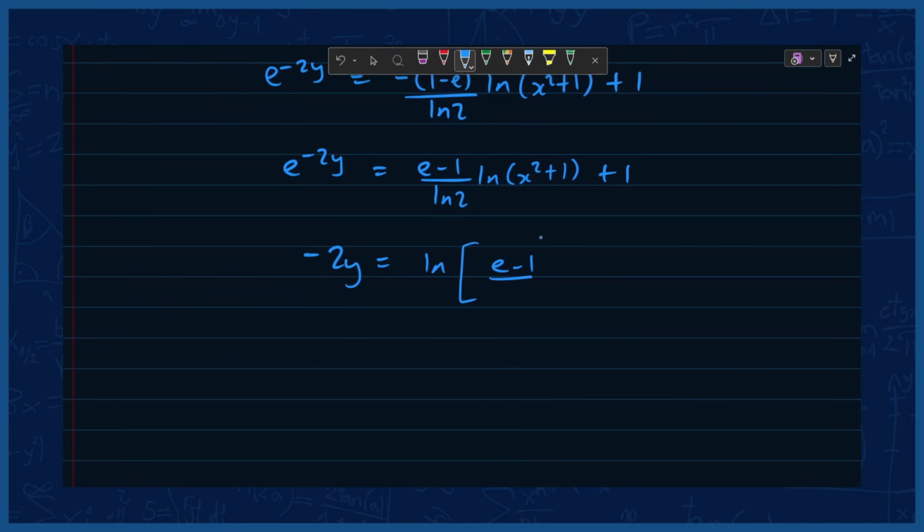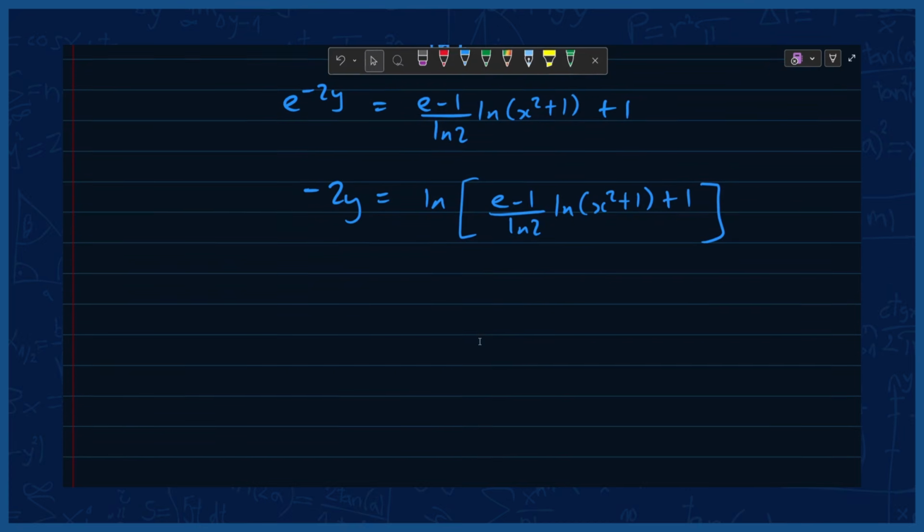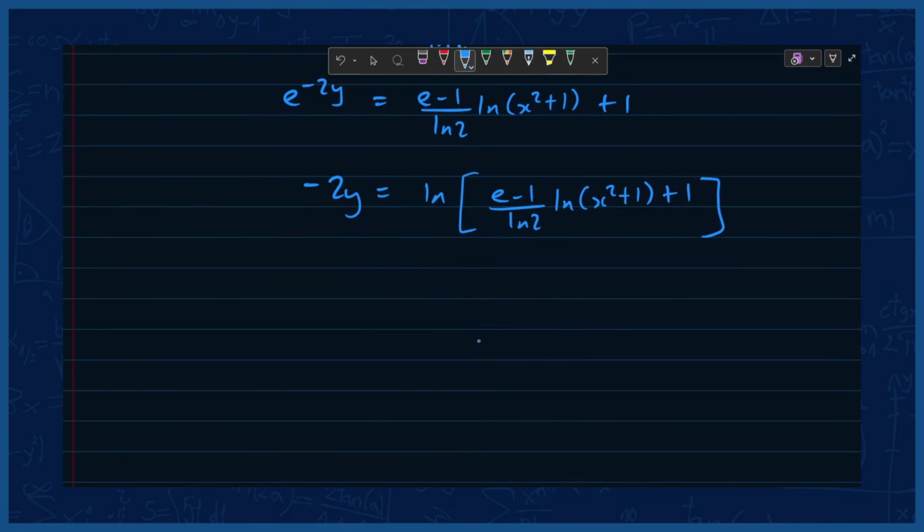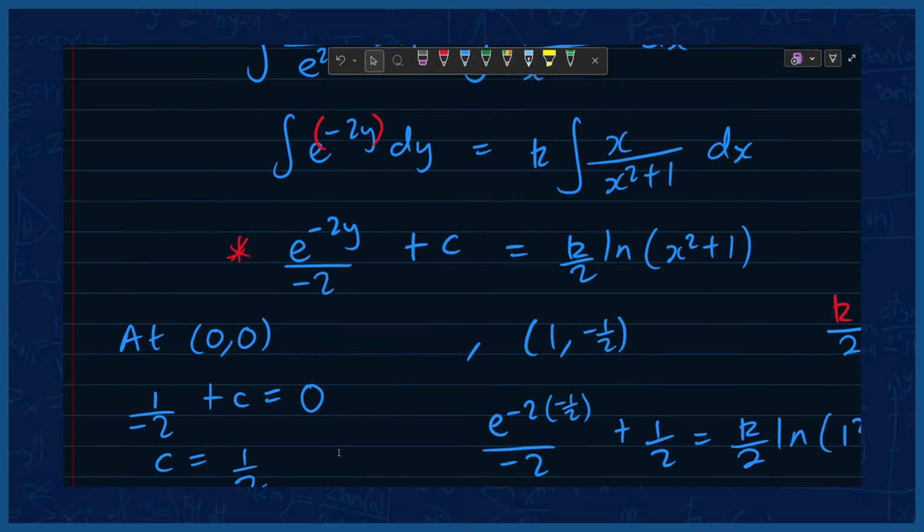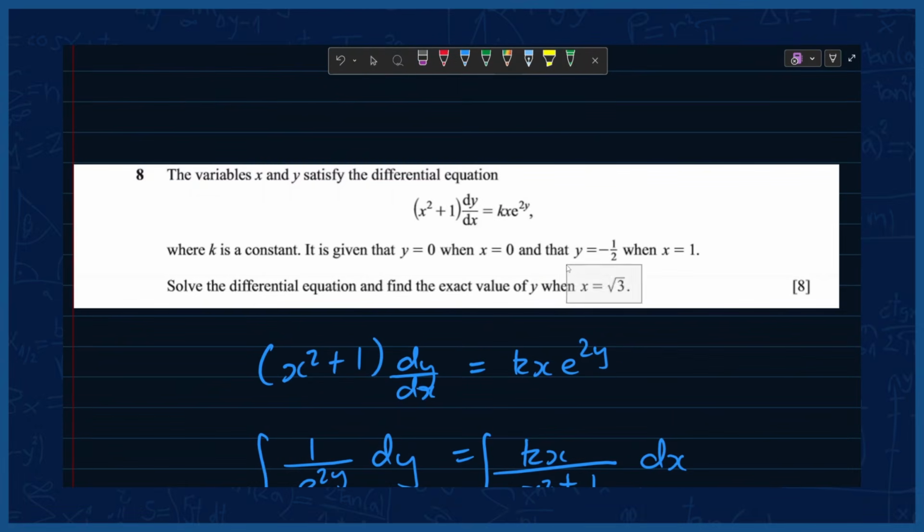So e minus 1 over ln 2 times ln of x squared plus 1, plus 1, and multiply both sides by negative a half to get rid of this negative 2. So I get y is negative a half ln of e minus 1 over ln 2 times ln of x squared plus 1, plus 1. And then we were told to evaluate this at x is root 3.